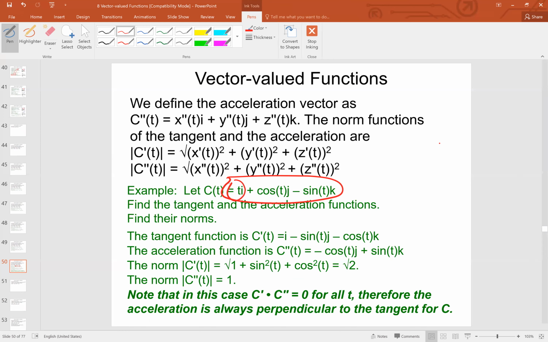In other words, this is another spiral. And let me put these spirals up and down.